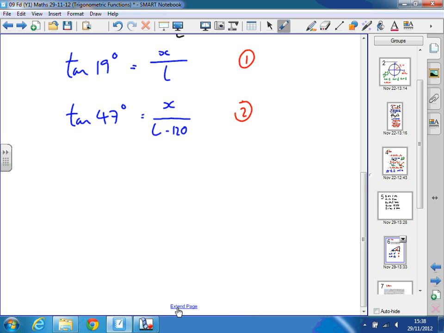Rearranging number 1, multiplying both sides by L, we've got L equals x over tan 19.